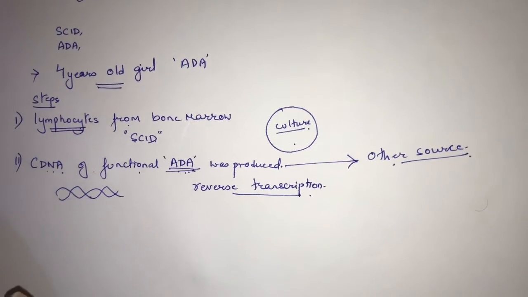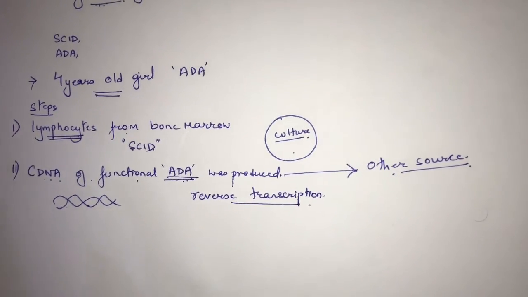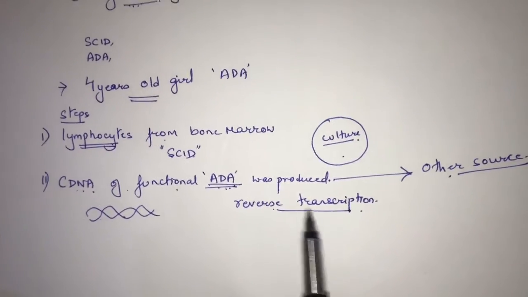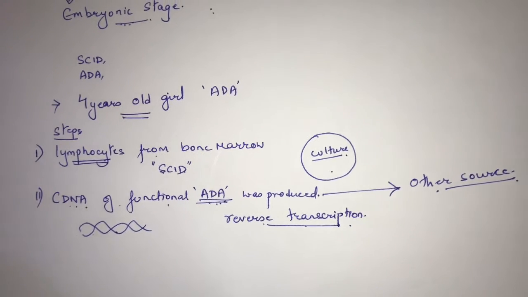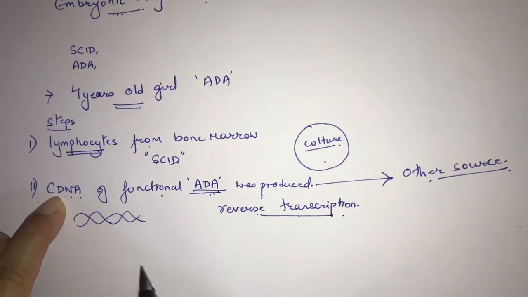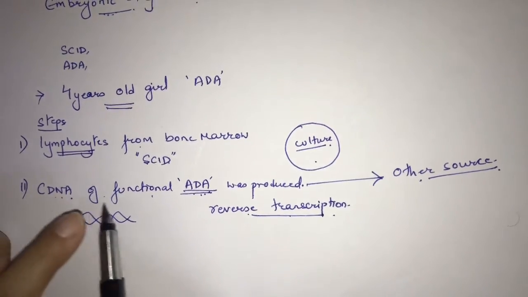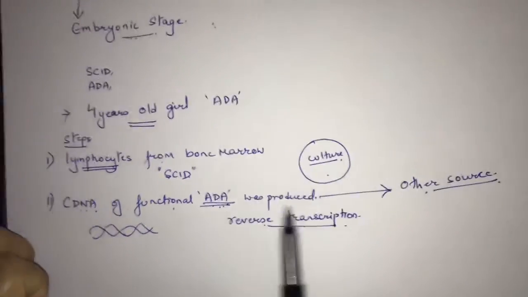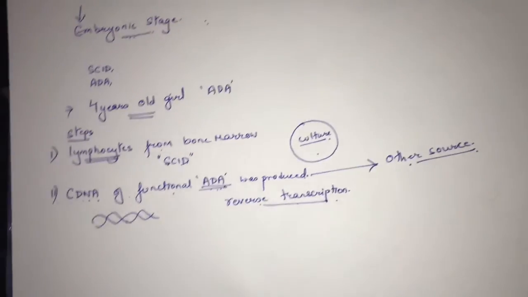But if DNA is produced back from mRNA, then it is called reverse transcription. So similarly, through a biotechnological process, cDNA from the RNA of functional ADA was produced.